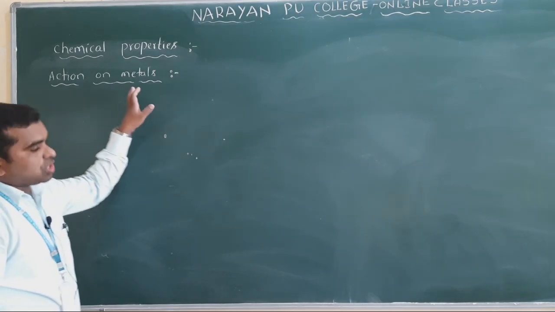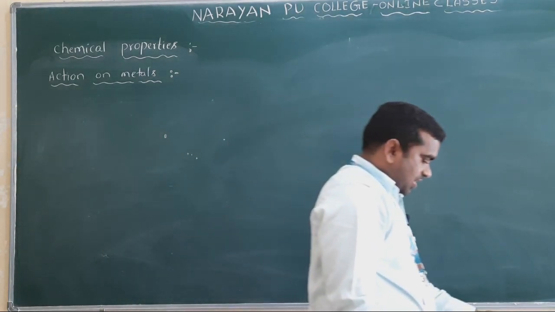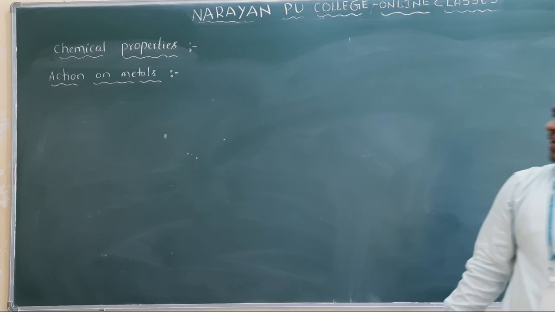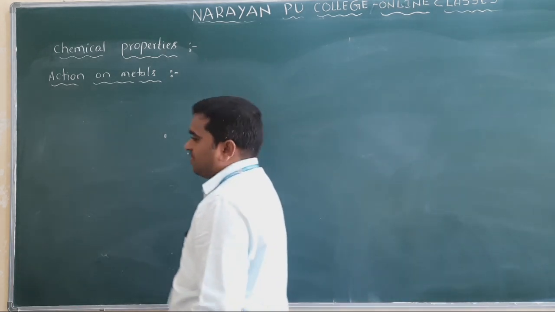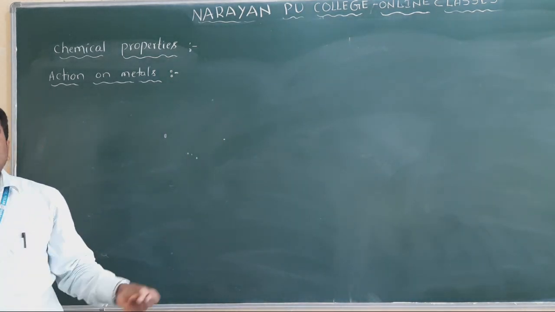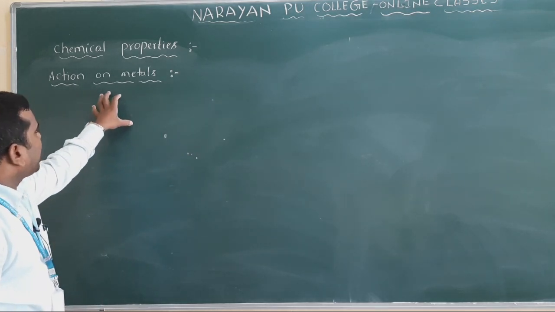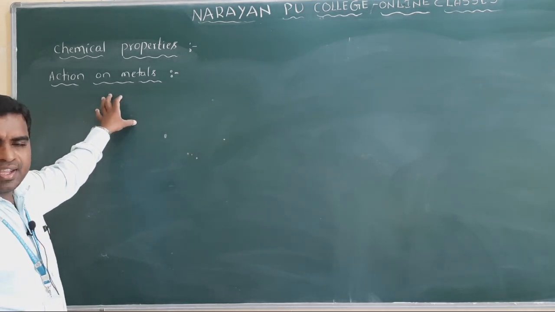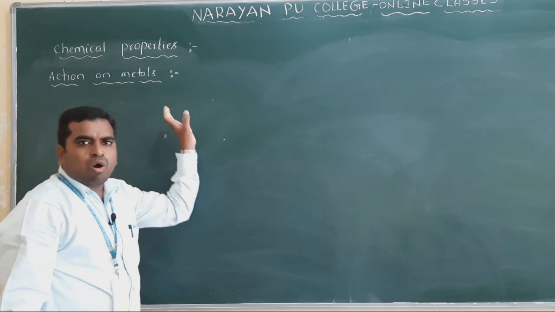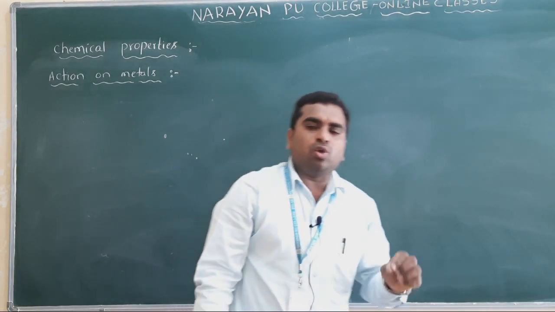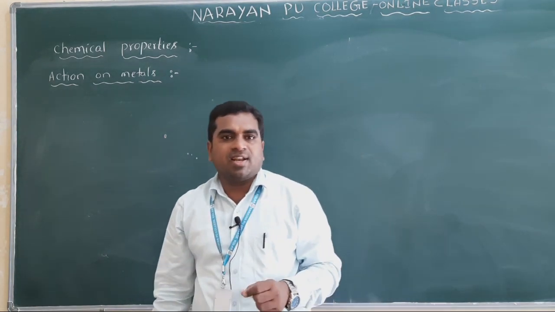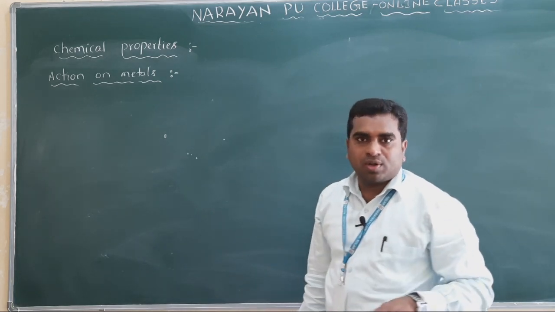So now the action on metals, how concentrated HNO3 and dilute HNO3 react with the metals. Clear? So you already know that concentrated HNO3 attacks all the metals except the noble metals. What are the noble metals here? Platinum and gold. Clear?